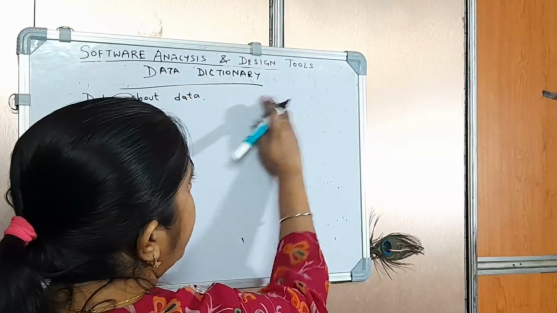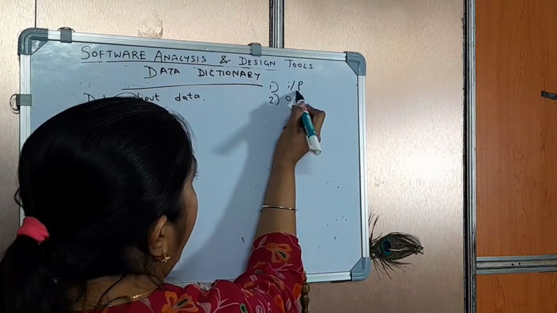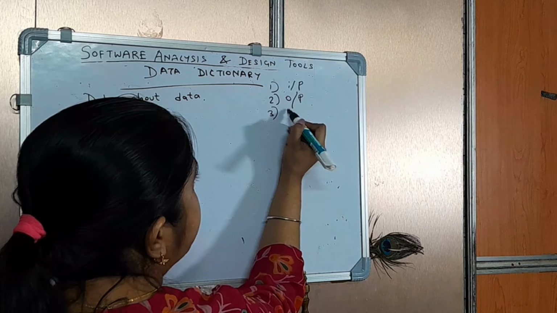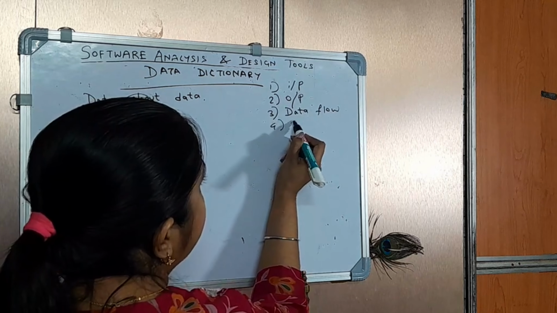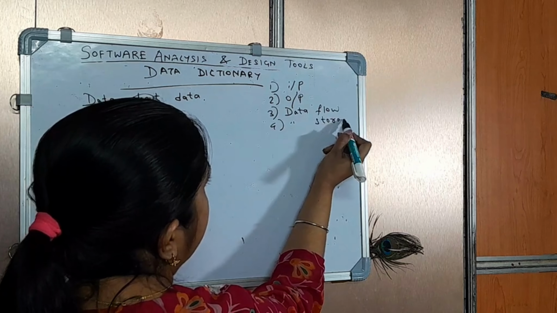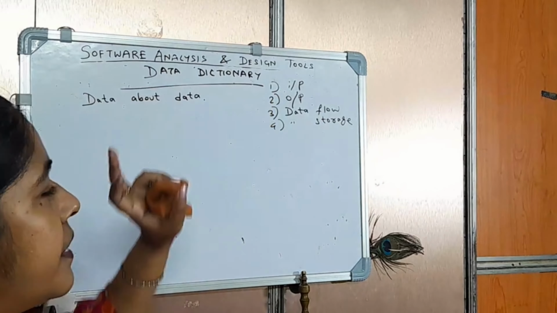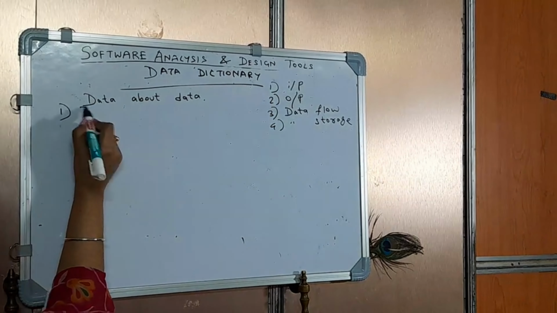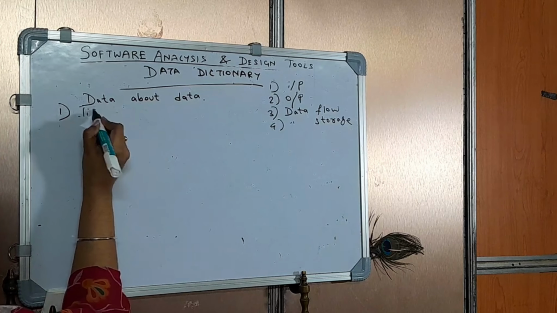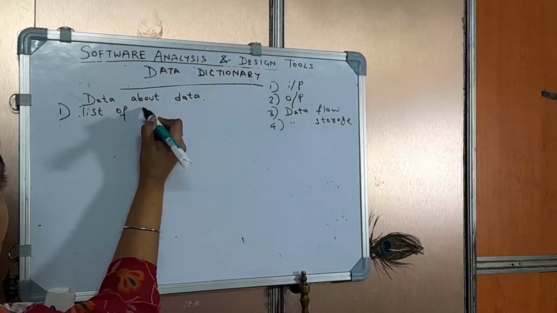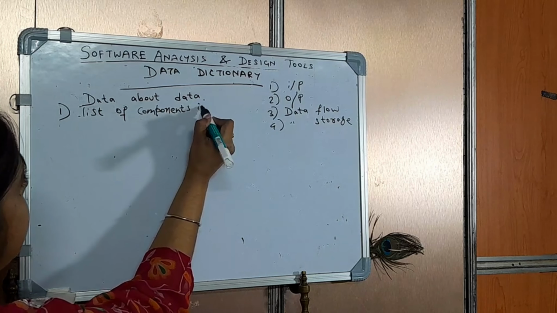The input data, output data, data flow, and data storage. So it is the list of components in the DFD.